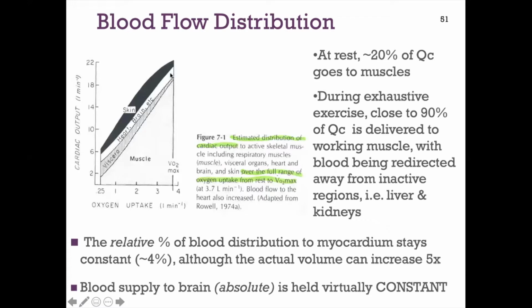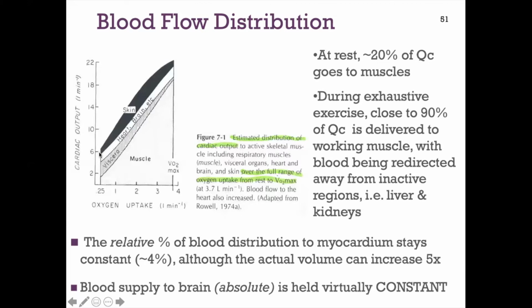The brain and the heart stay pretty steady because we do increase the amount that's going to the heart simply because it is a muscle that's being worked. But the brain is interesting in that it can't take larger volumes of blood because the skull doesn't allow it; there's just not enough space, literally, for the blood to be able to increase in there.